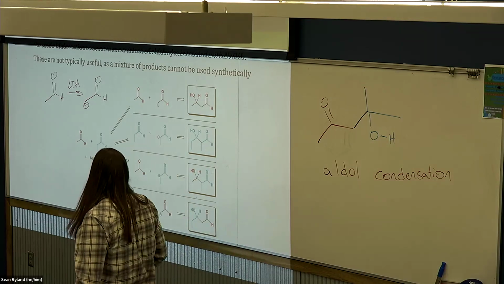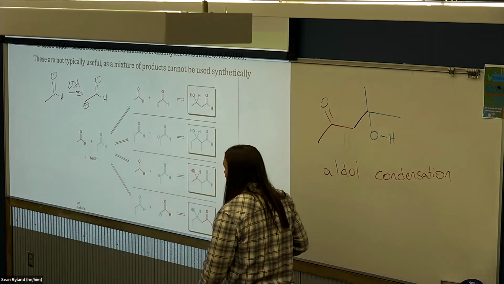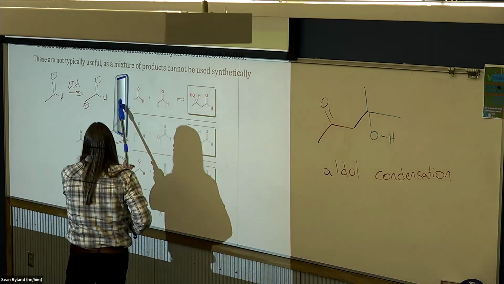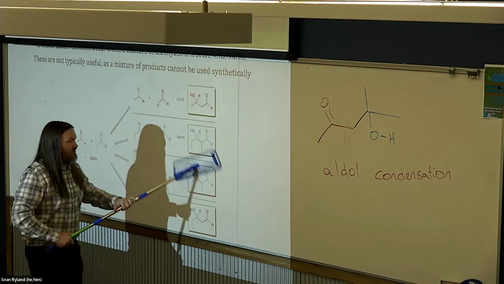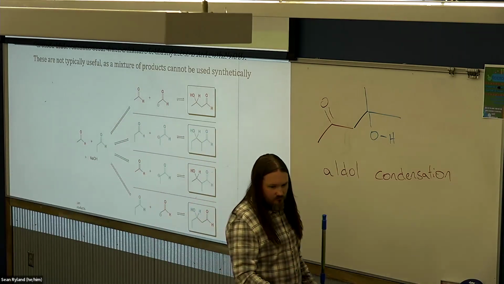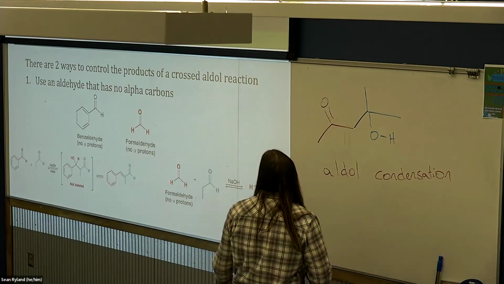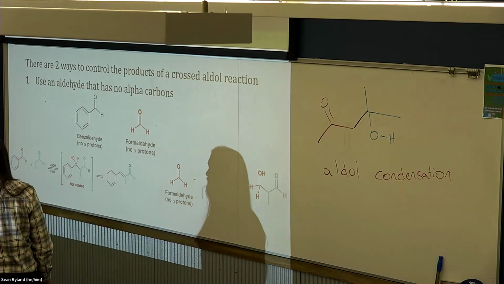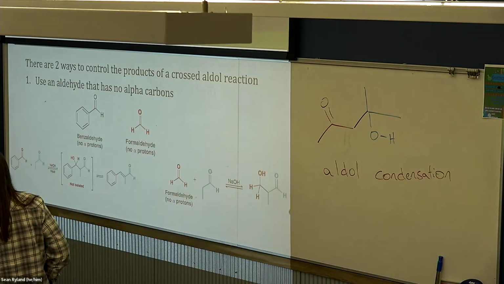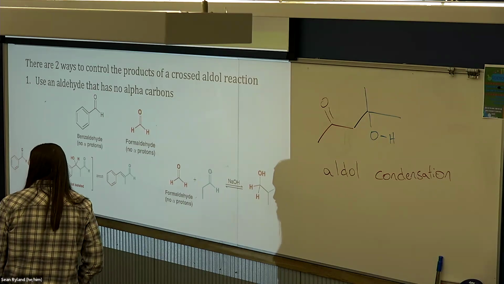So using irreversible enolate formation is going to be how we do a directed aldol condensation. Or selective, I should say, selective cross aldol condensation. We're getting very, very specific with our language here.